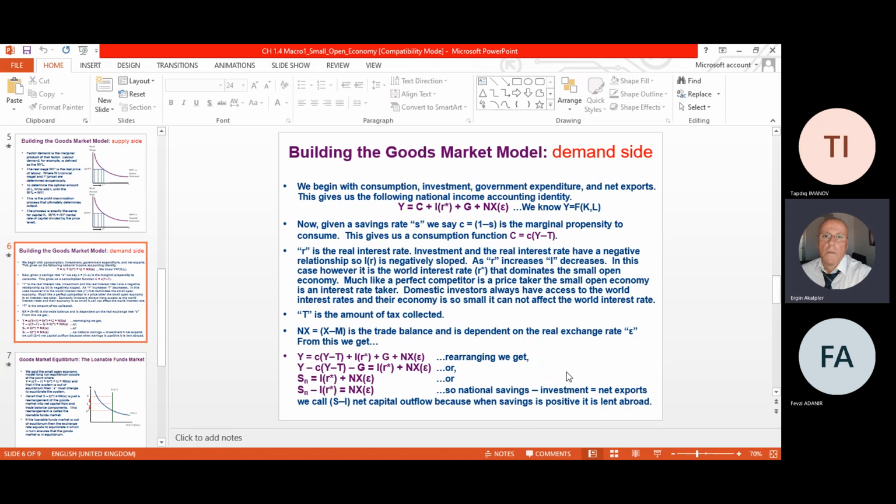Now the consumption function is going to be discussed here. As you see, the consumption function is the representation of disposable income, which is subject to taxes. Without taxes, you have disposable income.